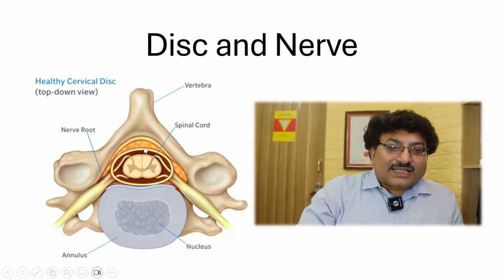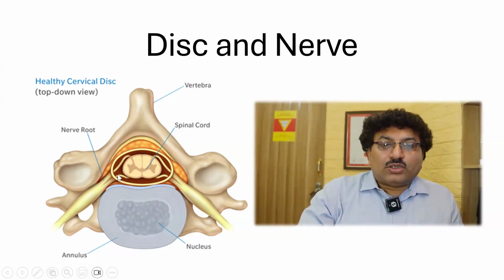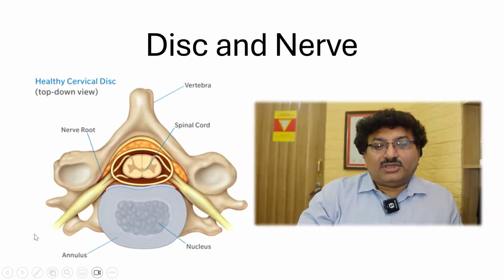Now, from the spinal cord, anterior and posterior roots combine and form the spinal nerves. They come out through the foramen. Remember, here there is a difference between the lumbar vertebra and the cervical vertebra. In the lumbar vertebra, these foramens are directed exactly towards the lateral side.